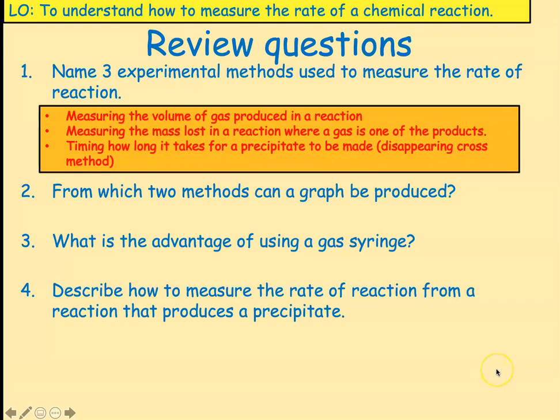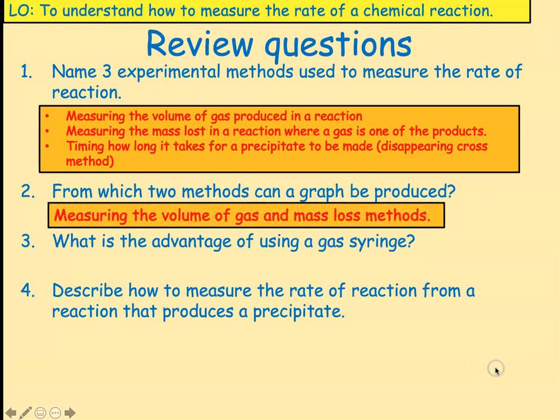Which 2 methods can a graph be produced from the results? Well, measuring the volume of a gas from the gas syringe method and the mass loss method. Both of those can be produced as a graph, but the other one can't.